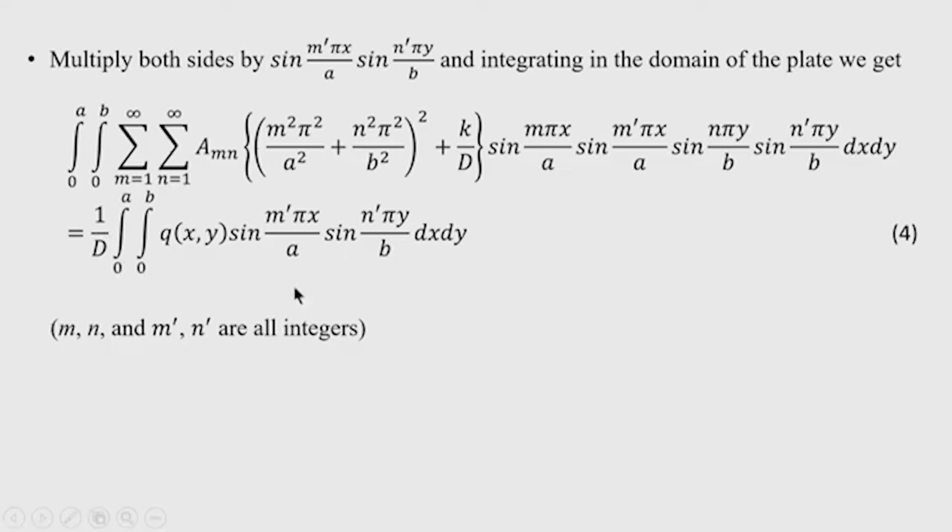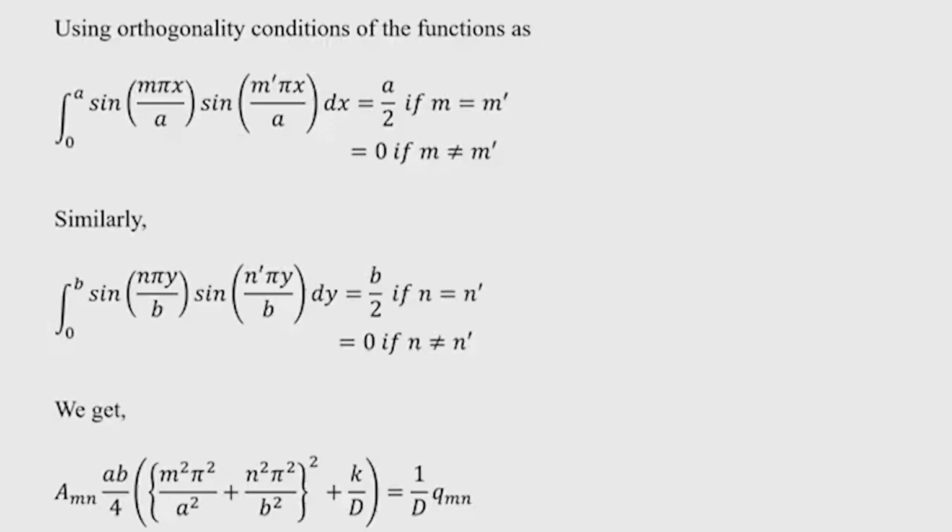So, the right hand side remains as it is, and q(x,y) is our loading function. This loading function may differ. For uniformly distributed load it will be one form, for uniformly varying load it will be another form, and for concentrated load it will be another form, which I have shown you can be represented by the direct delta function. Okay.